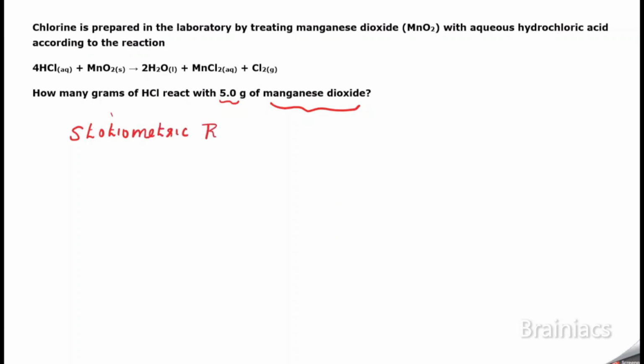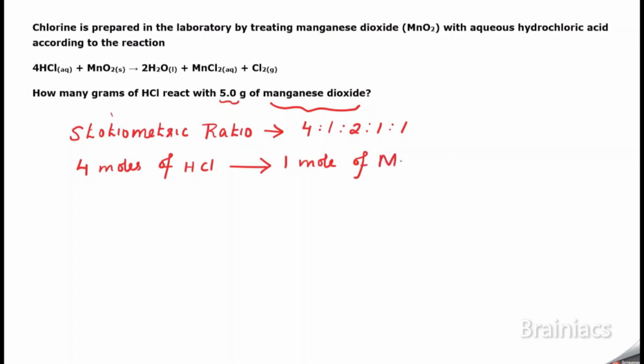If you see the stoichiometric ratio, the value is 4:2:2:1:1. Okay, from this I know that 4 moles of HCl needs 1 mole of MnO2, manganese dioxide.